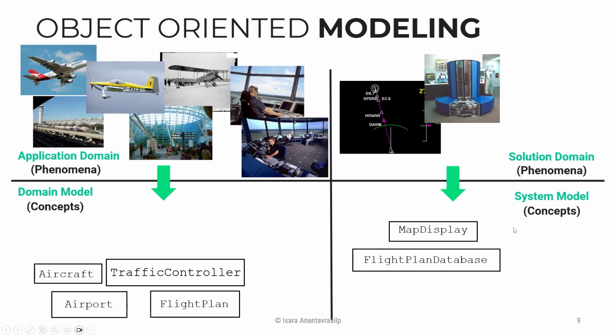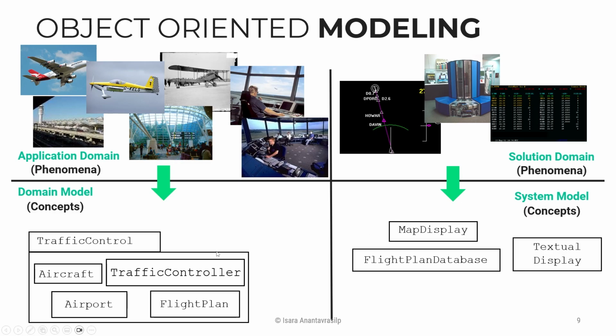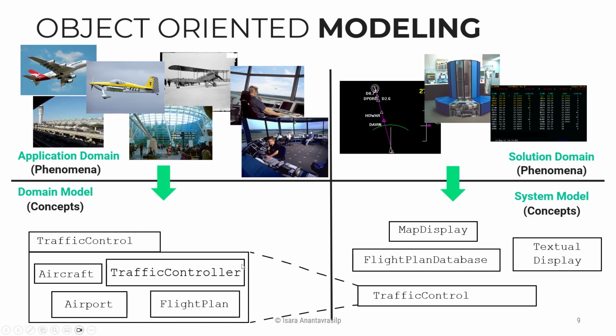We have map display. And of course, flight plan can also be displayed as text. We have the textual display, all right? And then, okay, together, the traffic control here, aircraft, airport, and flight plan and everything, you can pack them together as the traffic control package here.